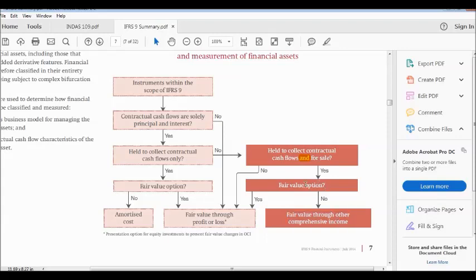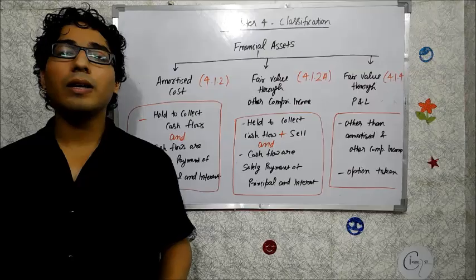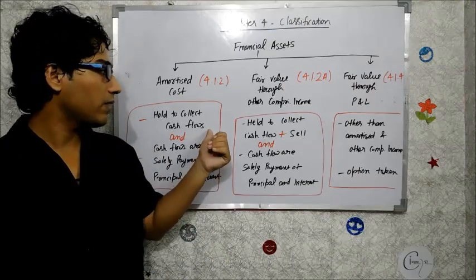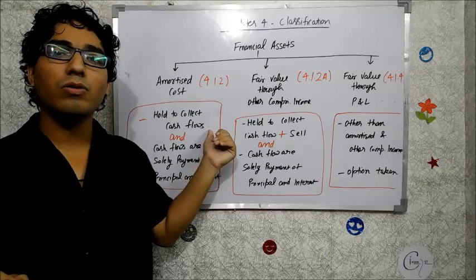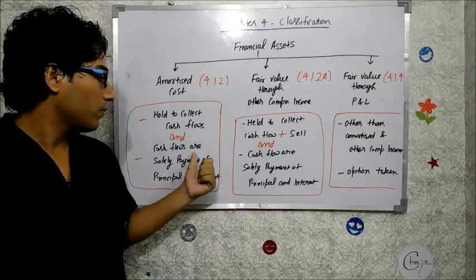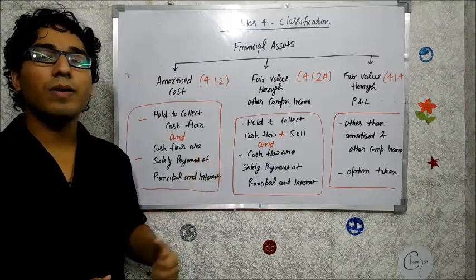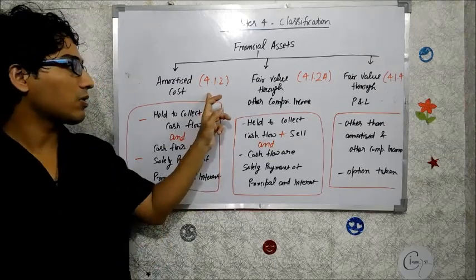But if you want to opt for the fair value option, then obviously the classification will be fair value through profit and loss account. And if the contractual cash flows are not solely payments of interest and principal, then obviously it will move down to fair value through profit and loss account. So basically, if the business model is holding to collect contractual cash flows and the cash flows are solely payments of interest and principal, it is amortized cost.